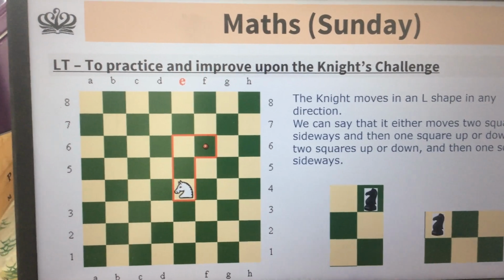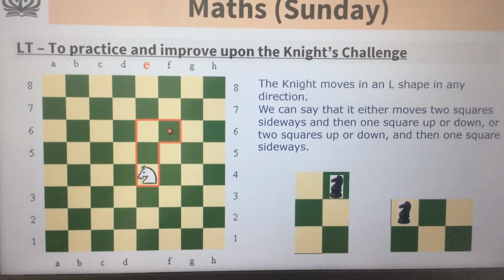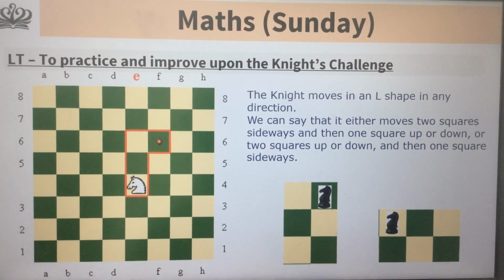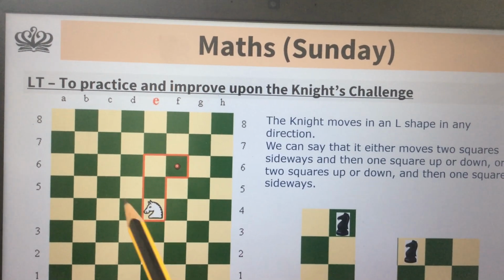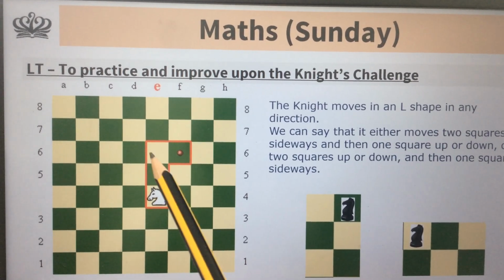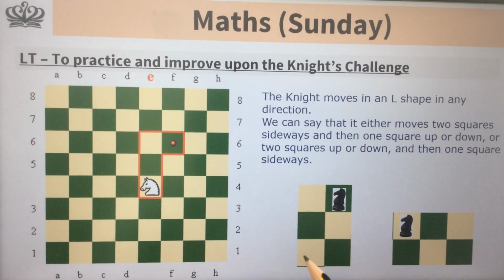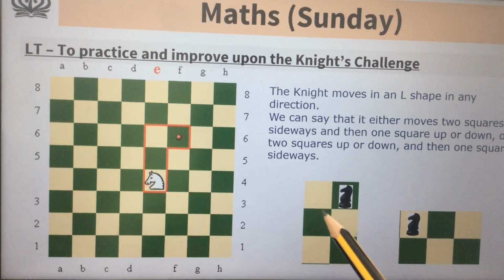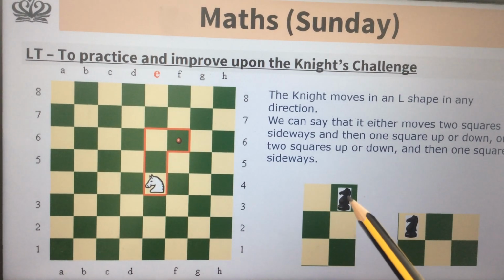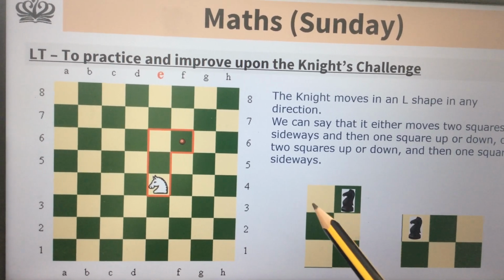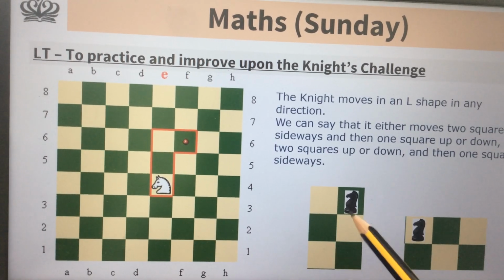Okay, now what's really important and a little bit tricky is to first understand how the knight can move on a chessboard. So if our knight is here, the knight can move in an L shape. So I like to see it as a set of 6 squares within the chessboard. And the knight can move across that set of 6 squares like that.